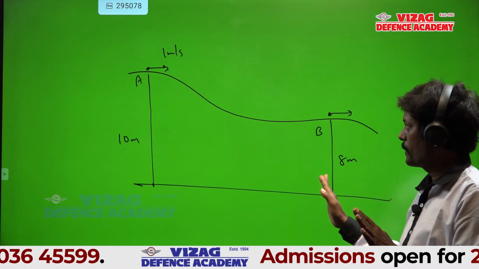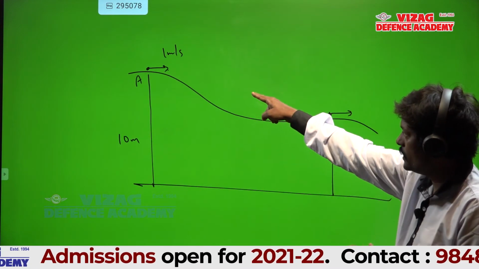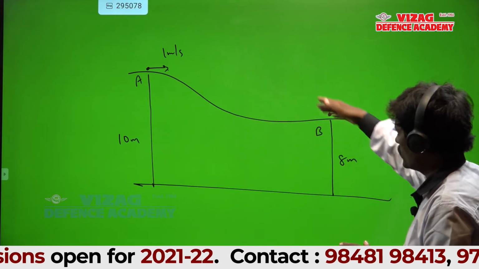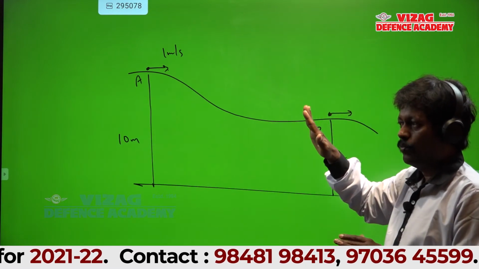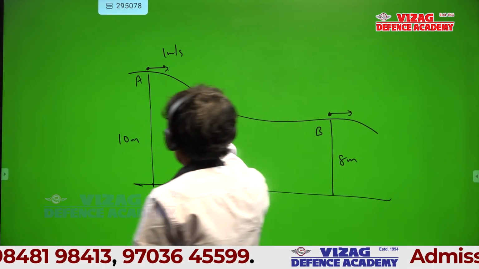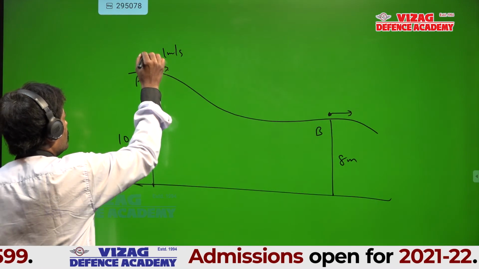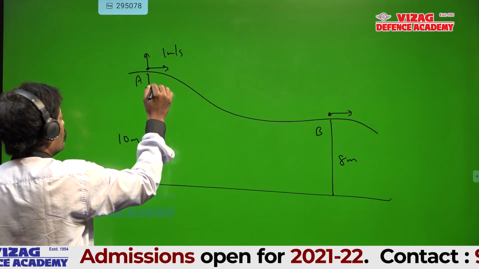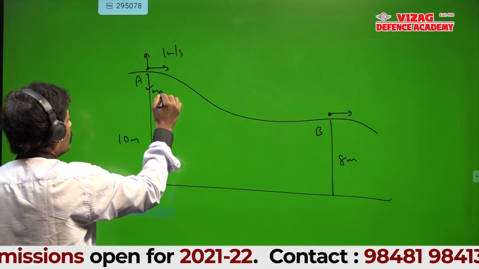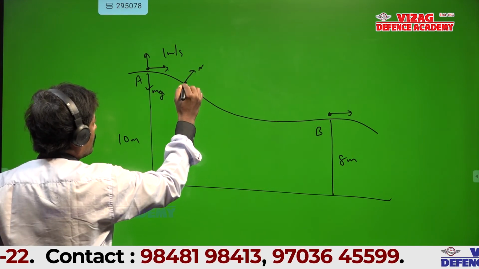Now, when that body is slipping on the surface, what are the forces acting on the body? Here you have normal reaction, you have mg down.